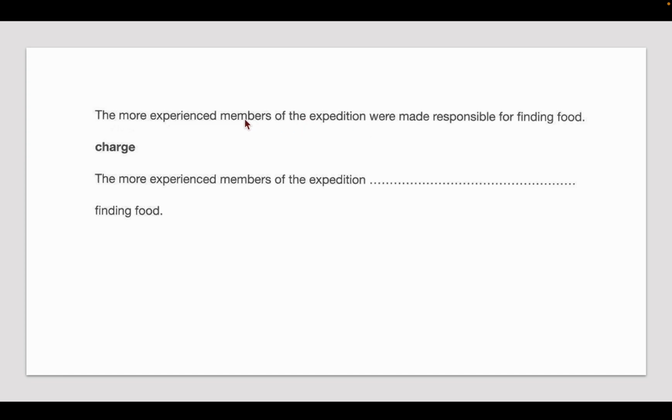We also pay close attention to the past tense. Were made responsible. So we know we're going to need to use past tense here. The more experienced members of the expedition were put in charge of finding food.